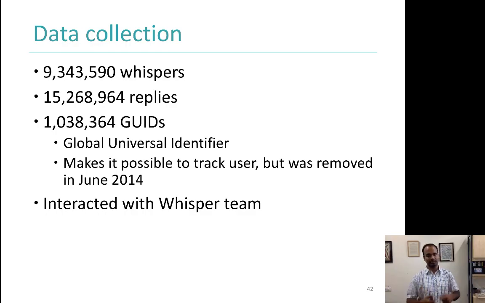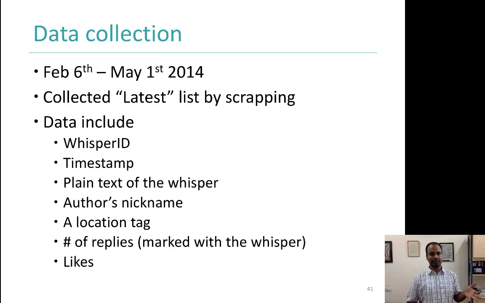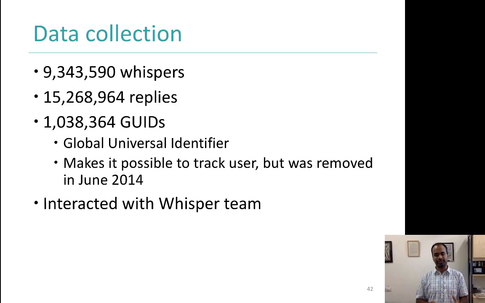And so the user GUID concept was removed in June 2014. They collected the data till May, the researchers looked at what is going on in Whisper, and then went and had discussions with the Whisper team to remove this. That's what they actually reported.